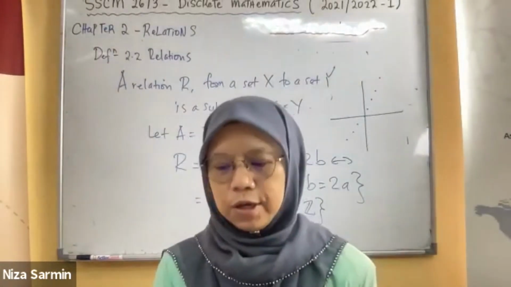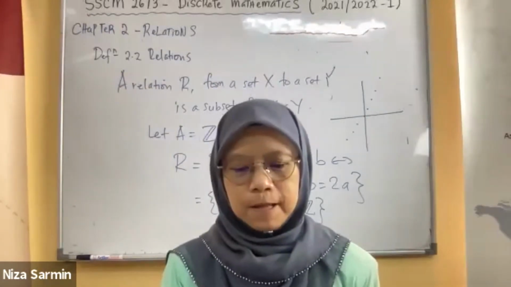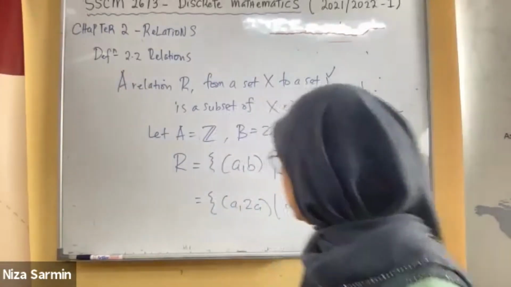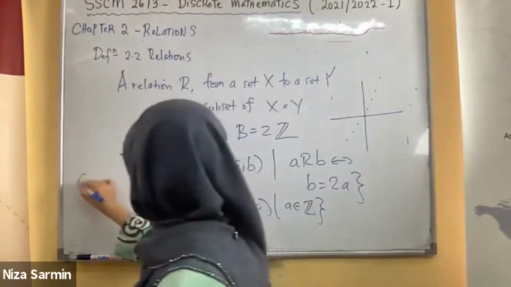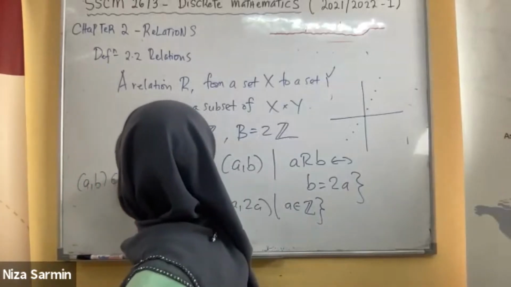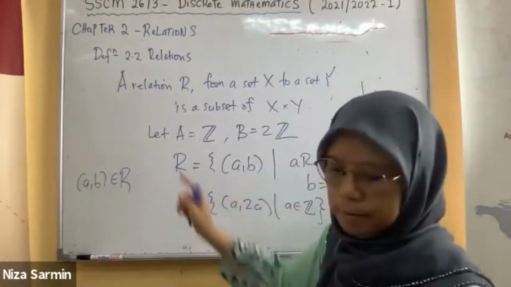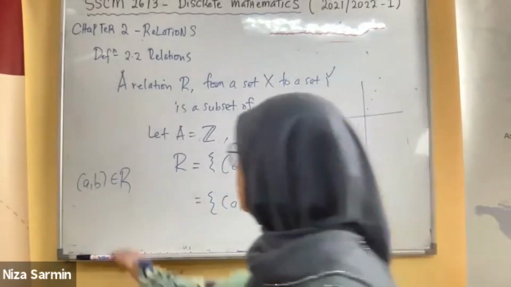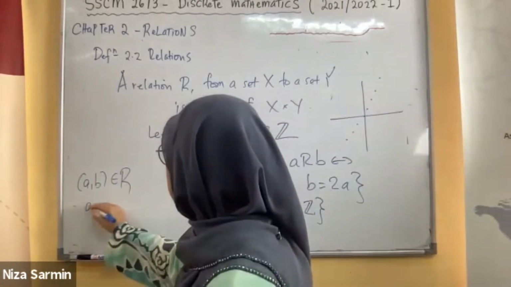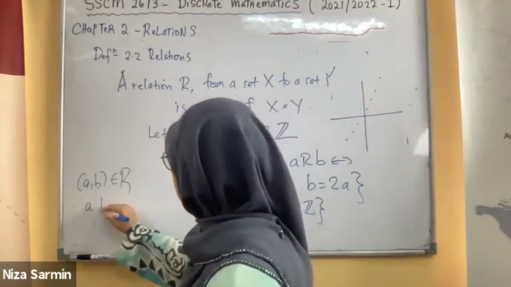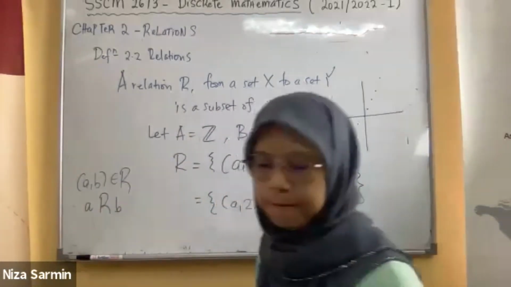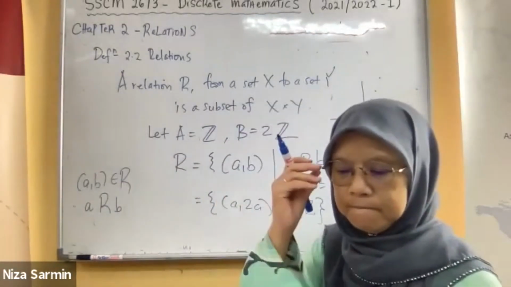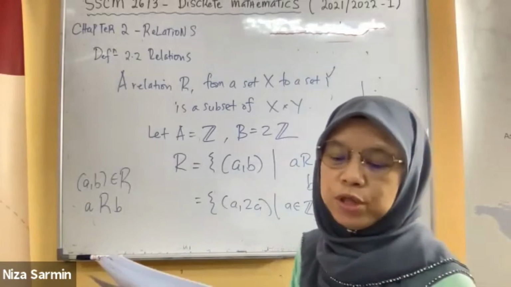Right. Okay, now next one is, how do you write it out? You can write A, B is in R, or you put A R B. There's a typo there.